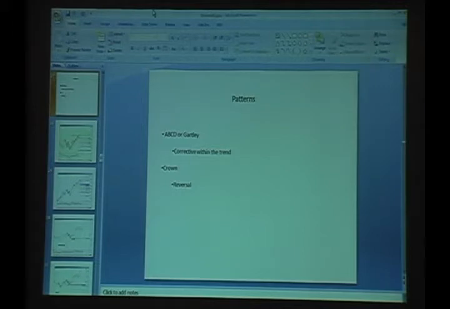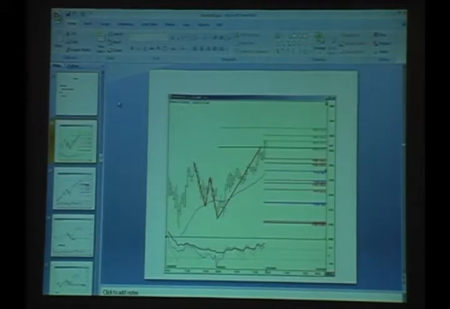So I have some examples, and I'll just show you what it looks like first, and we'll go into the ratios used. This is a YM chart from like last week or something. And basically the Gartley is a corrective zigzag. Not just any zigzag. I'm going to talk to you about the ratios that I use in this.